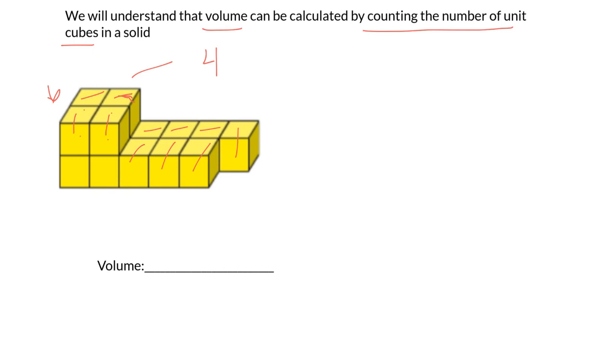And then because I know that I have 4 on this top layer, I can assume that I also have 4 underneath here in this bottom layer, that those top layers are able to stack on. So I have 4 plus 7 on the bottom layer equals 11, plus 4 on the top layer equals 15. So this solid is made from 15 unit cubes. That means the volume of this solid, or how much space it takes up, is 15 cubic units.